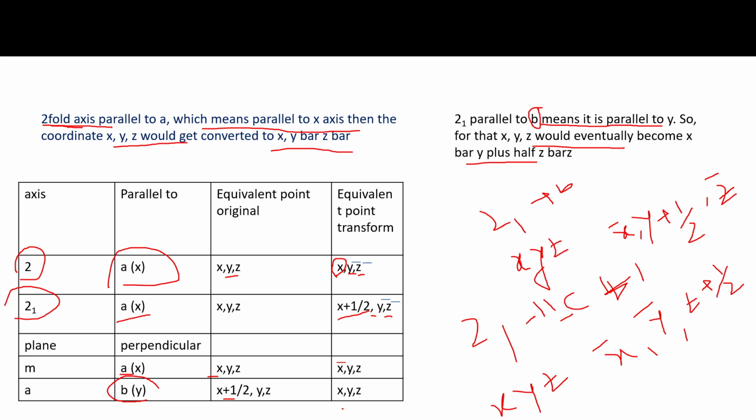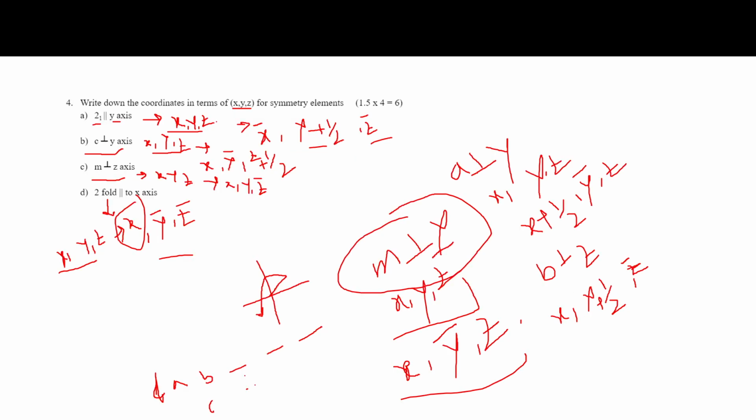So when you have the two-fold rotation and one gliding around the b axis, y becomes y plus half, and x and z become opposite, so x bar and z bar. We have also solved some problems regarding this. I hope all of you understand.